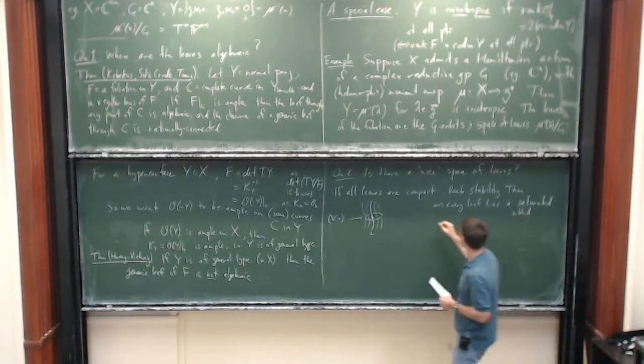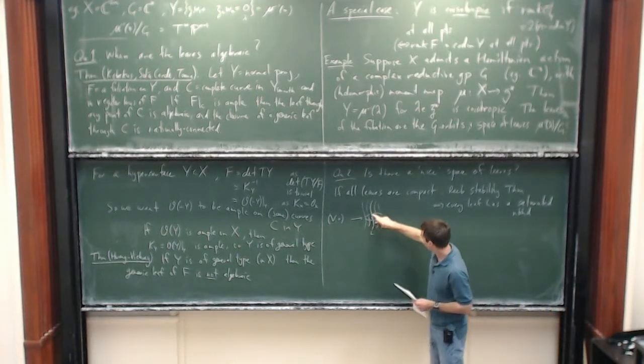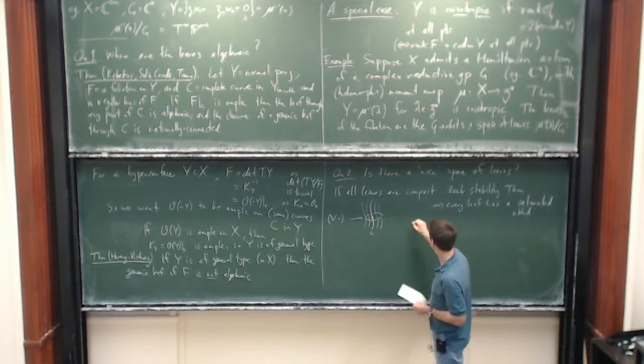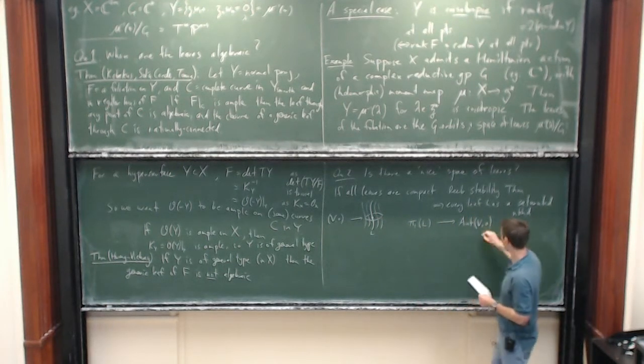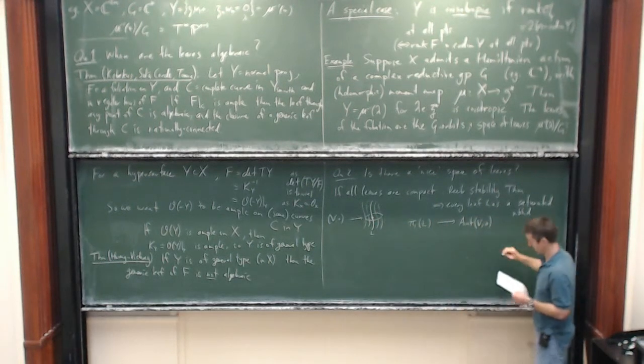This is not quite a model for the space of leaves yet, because this leaf here could go around and come back on the other side. But what happens is that there's a map from the fundamental group of this central leaf L to the holomorphic automorphisms of this transversal slice fixing 0.